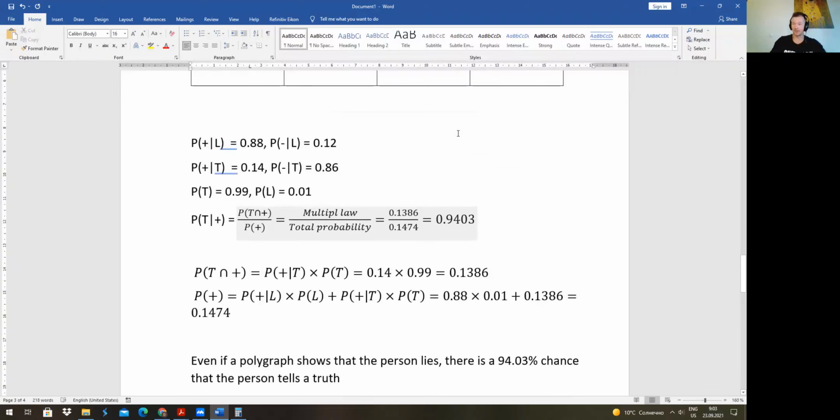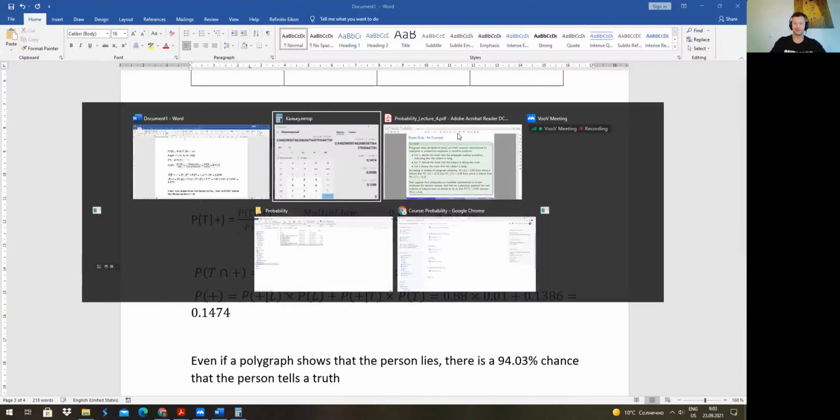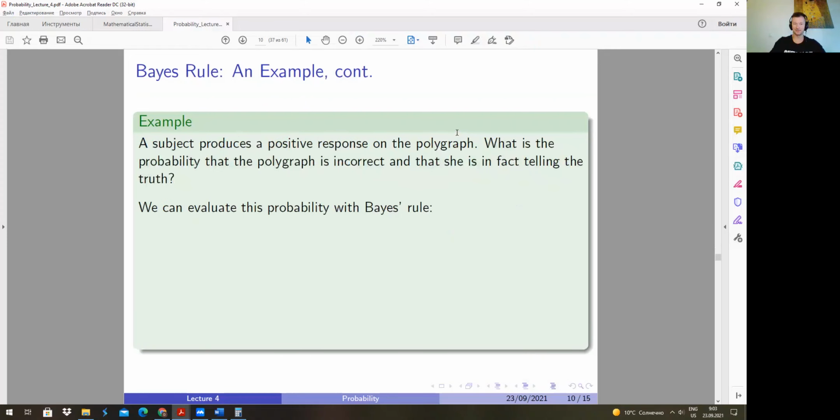That's how we can apply this Bayes rule in practice to understand that even if the machine reports you something, there's probably a high chance that the machine is not correct. So here is a short way to multiply this.